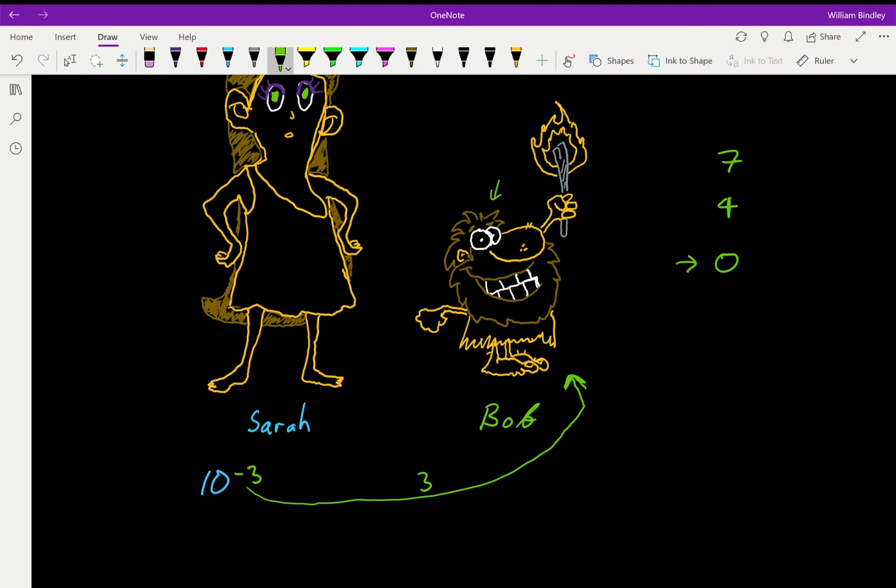But this doesn't really capture the same scenario as when Bob just has 3 fish because he caught the fish when he was fishing. So it seems like we need to add something else to capture this extra fact about Bob's fish, and by that I mean we have to introduce new kinds of numbers, negative numbers.